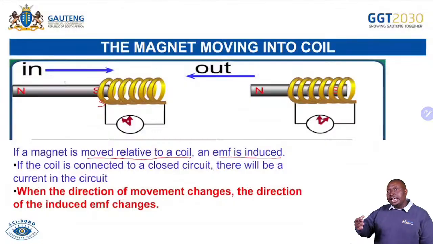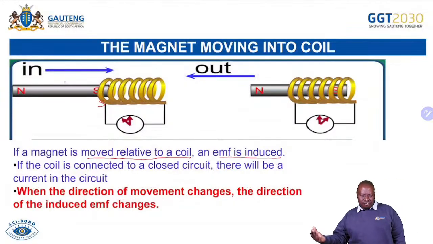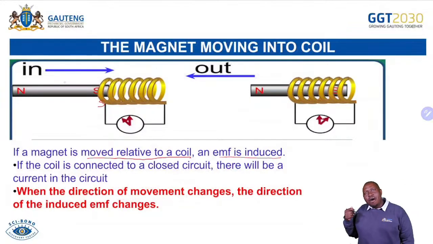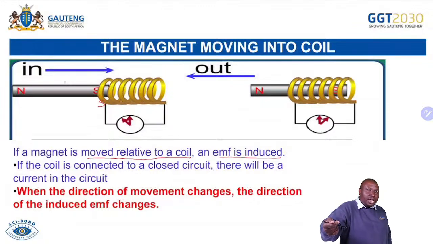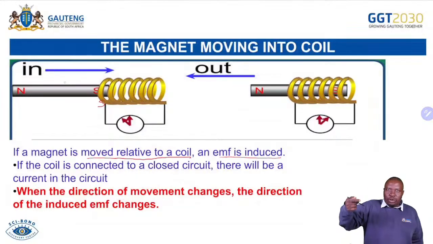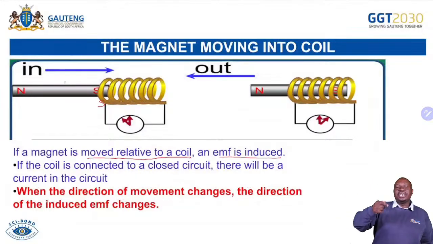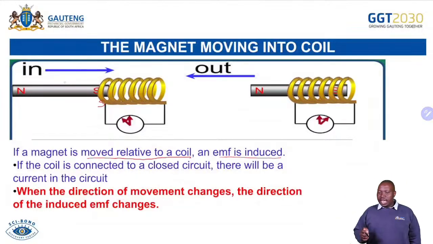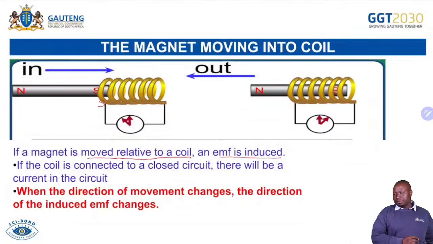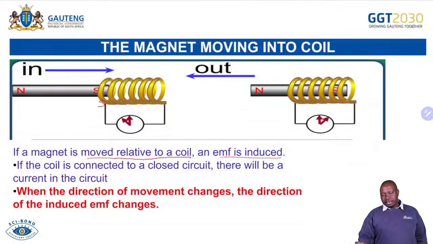And by doing that, there will be a change in magnetic flux, because we are bringing the magnet into the coil, but the magnet itself is saying don't come in, but we are pushing it in. Hence, we have a change in magnetic flux. And as we move the magnet away, when the south is moving that side, the coil will say now I'm north.